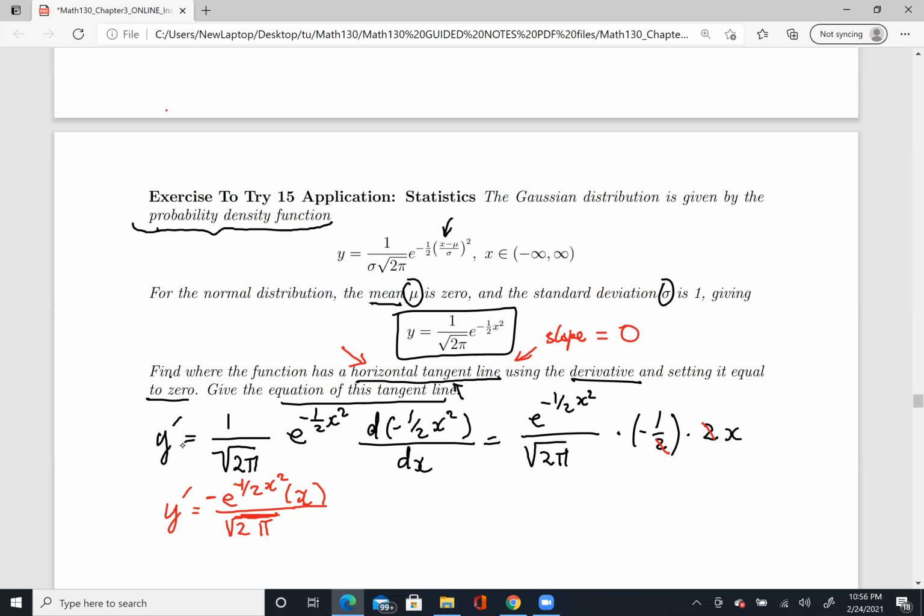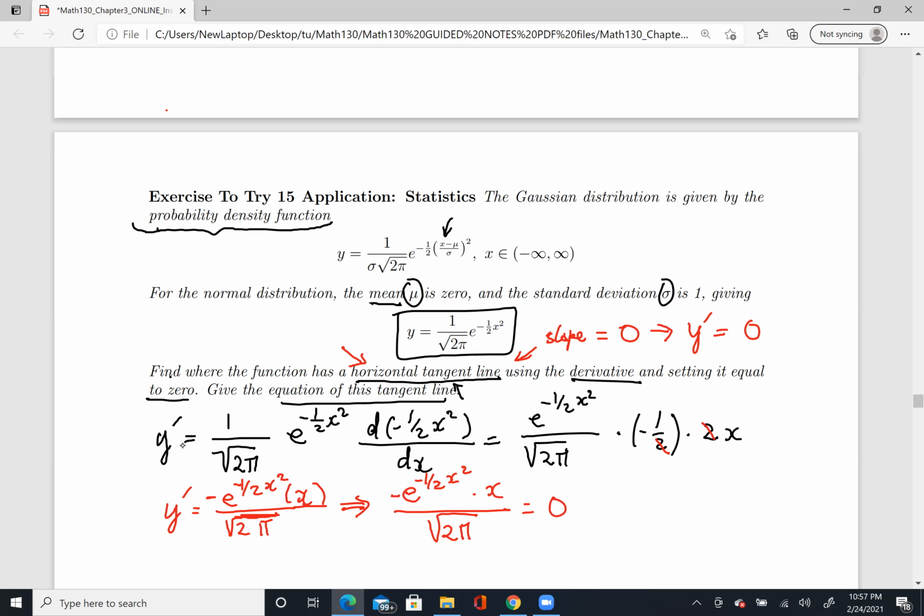So that means the y prime at that point equals 0. So I will have this y prime equal to 0. So I will have negative e to negative 1/2 x squared times x divided by square root of 2 pi equal to 0.